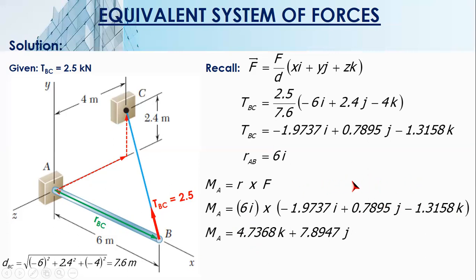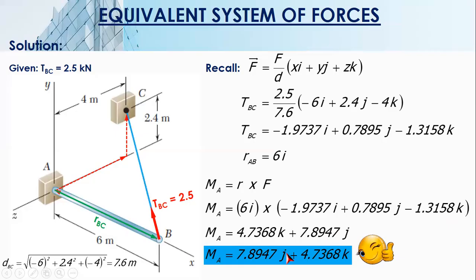In i cross j, going i, j, k is positive. But i cross k goes against the order, so it is j but negative. The product of 6 and negative 1 is negative, times negative j, so it is positive. So that's the answer.